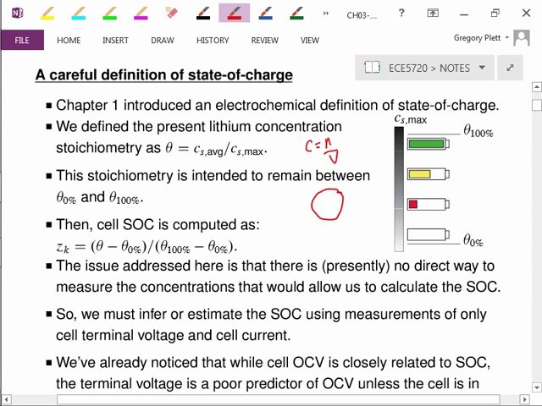And in these crystal structures, it's possible to figure out theoretically what is the maximum concentration of lithium just by looking at the atomic structure and knowing the density of the material. You can actually work this out. So c_s,max is a theoretical number where every possible vacancy that could hold a lithium atom is in fact holding a lithium atom.